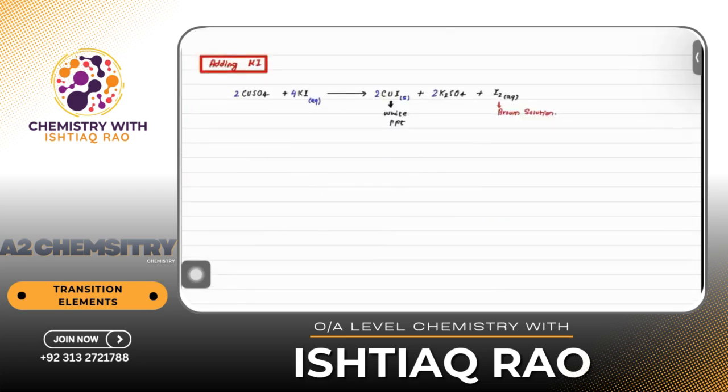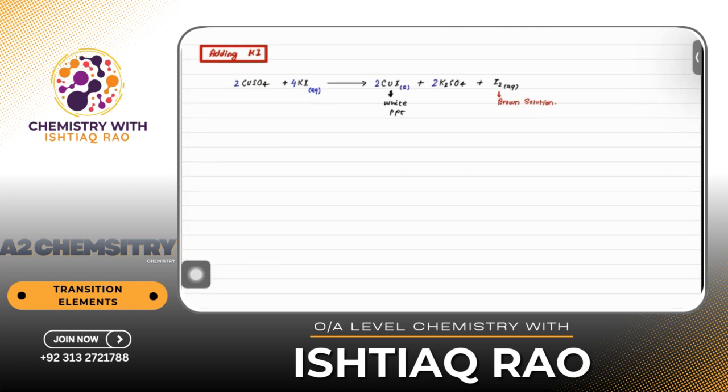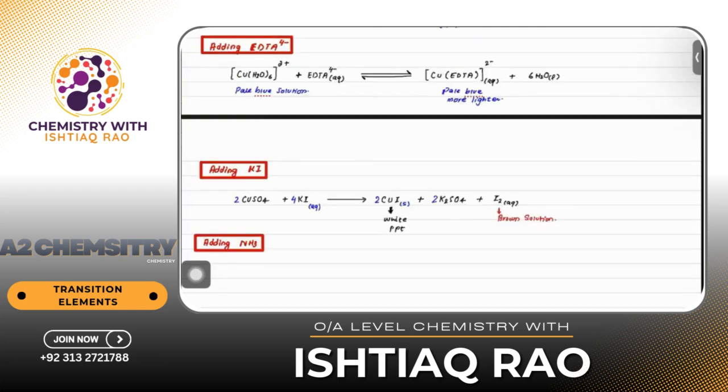Okay, and the last thing that we need to know is what if I'm going to add ammonia. Adding ammonia, right? So few drops of ammonia, then excess ammonia. By the way, there would be the same reaction.